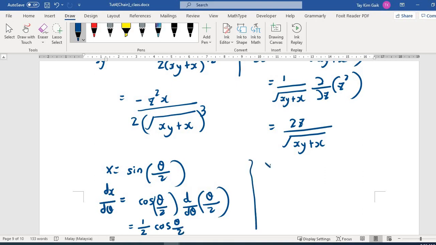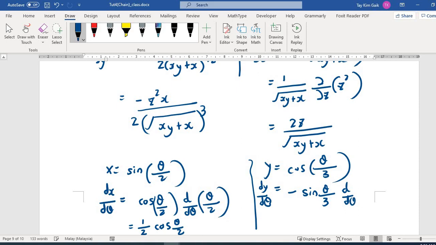Okay, for y equal to cos theta over 3, differentiate dy d theta. Differentiate cos is negative sin theta over 3, and you have the derivative of theta over 3. That's why you have negative 1/3 sin theta over 3.